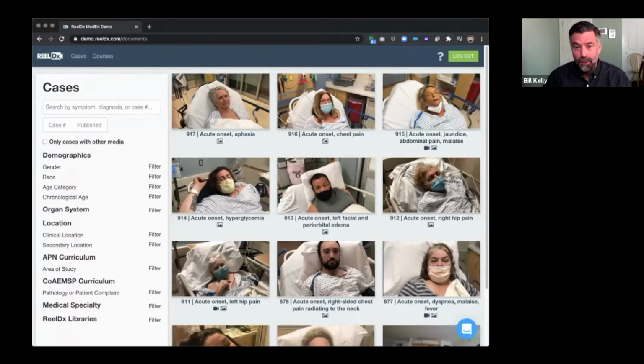And these feature real patients exhibiting real symptoms. They're not staged, they're not actors. And for that reason, we think we're different. We think it provides an interesting way to bring real world cases into your instruction at any level and in any part of the educational sequence.